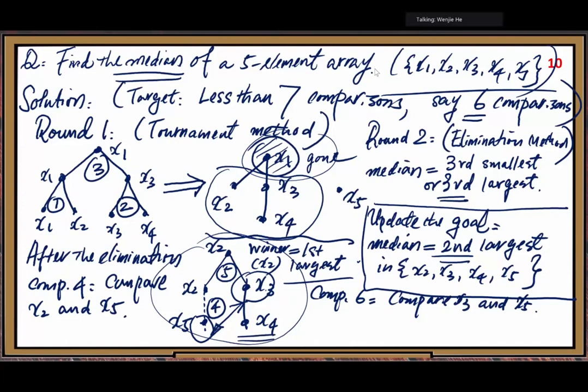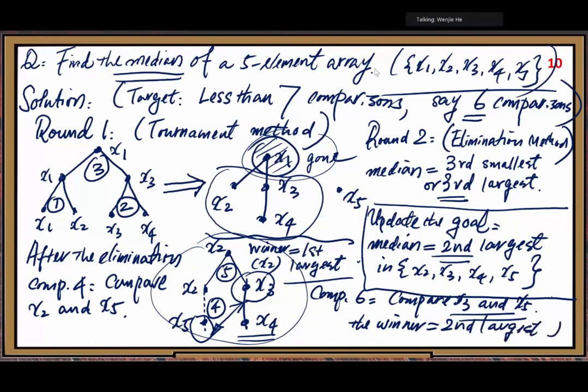X4 is smaller than X3. So X3 has a chance to be the second largest, X5 has a chance to be the second largest, but X4 has no chance. So the last comparison is between X3 and X5, and the winner is the second largest.